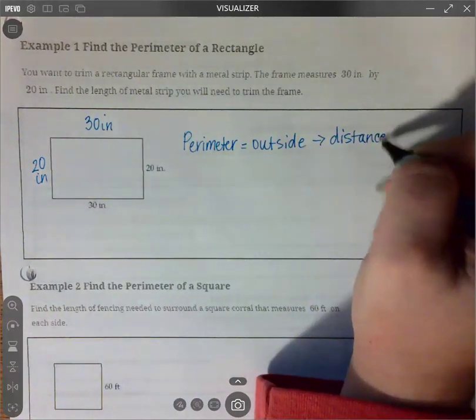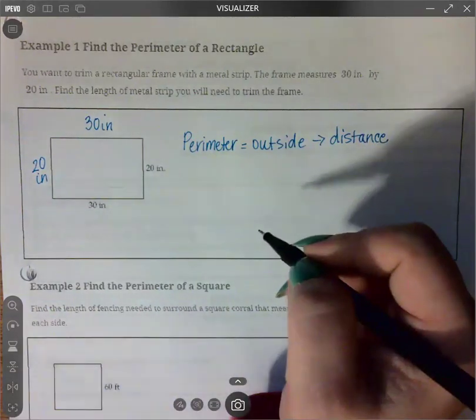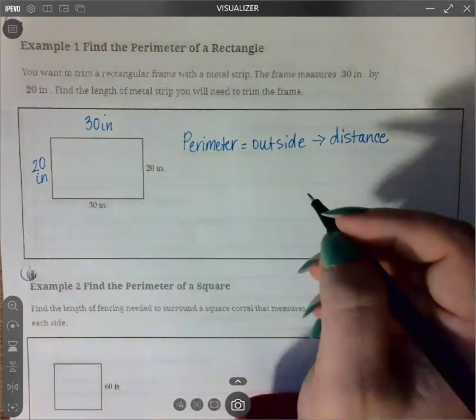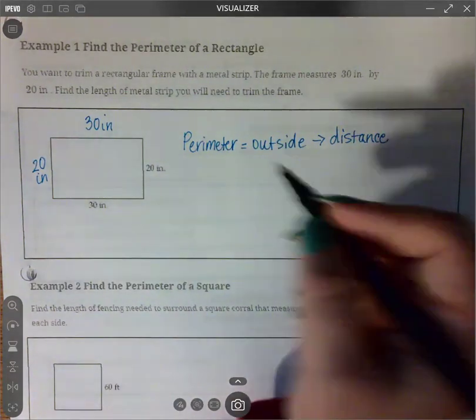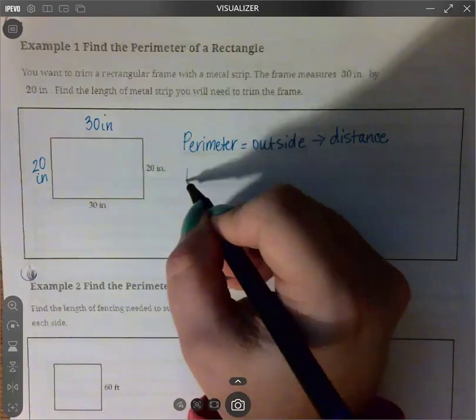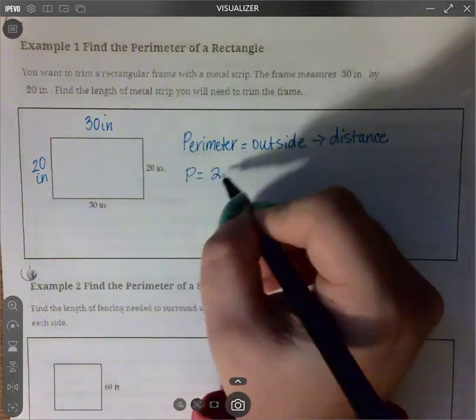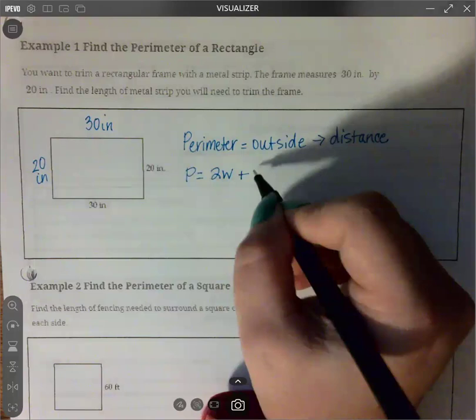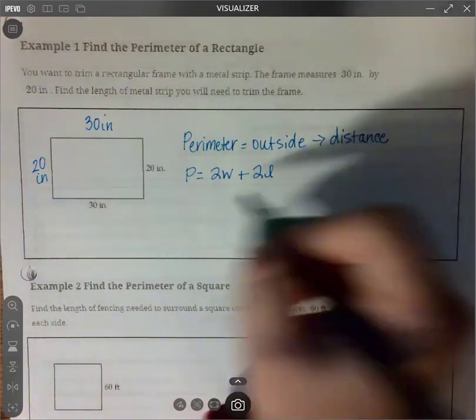So we would also use this if we were finding the amount of fence we would need for a yard, etc. So the formula for perimeter is 2 times the width plus 2 times the length.